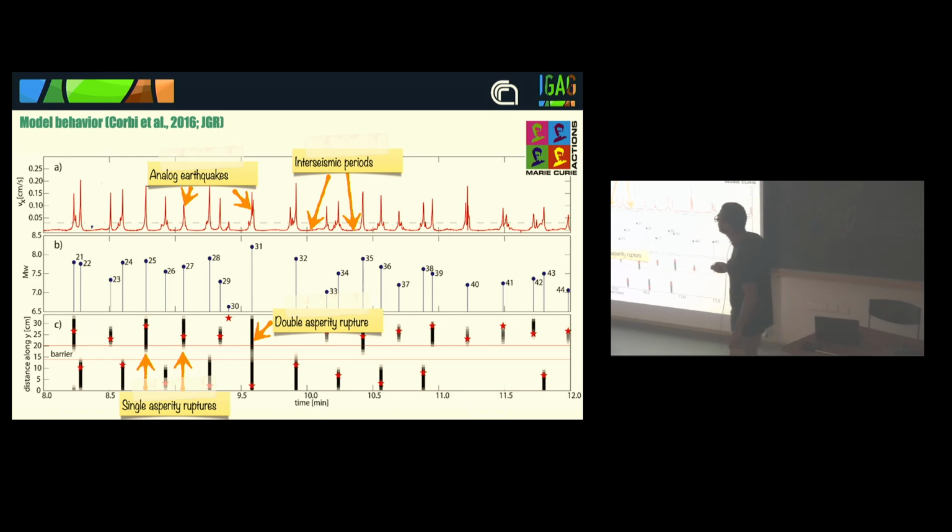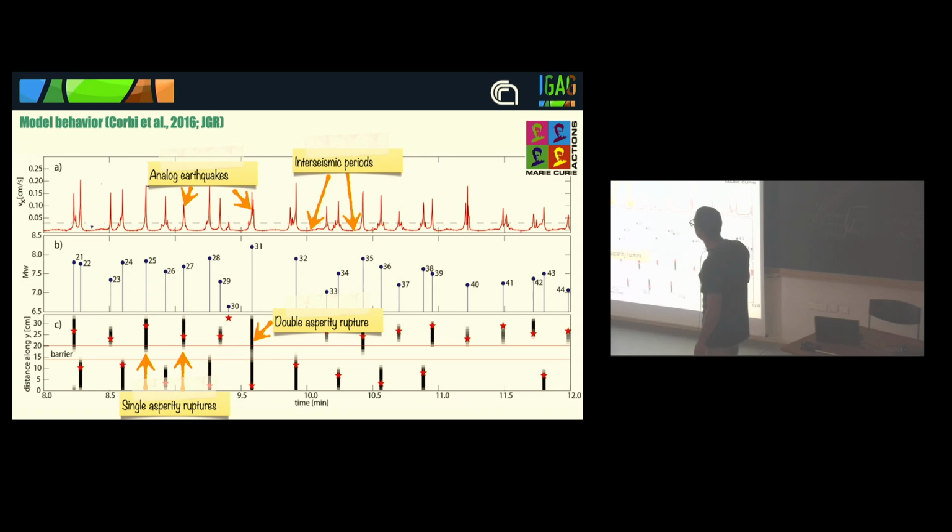A typical time series looks like this: you have almost nothing happening in the analog of the interseismic, and then sometimes the analog earthquake. Sometimes the velocity profile is quite clean with a single peak, or sometimes the peak is more complicated, in the case, for example, of a double asperity rupture, as you can see here.